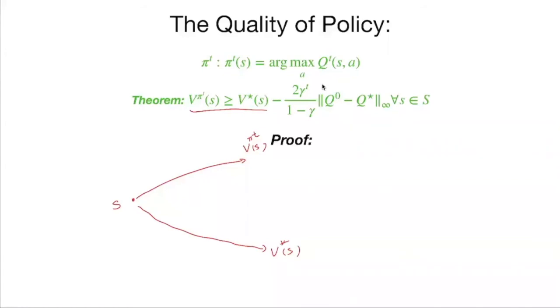So what we're going to do is introduce a middle ground, which could make our life easier. Particularly, I'm going to introduce a middle ground that first follows pi t for one step, and then immediately switches to pi star. So I follow pi t for one time step, and then I immediately switch to pi star.